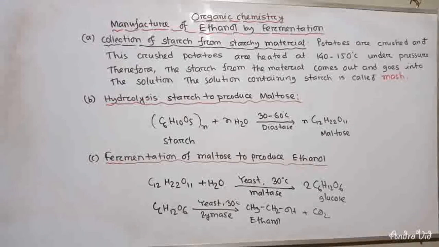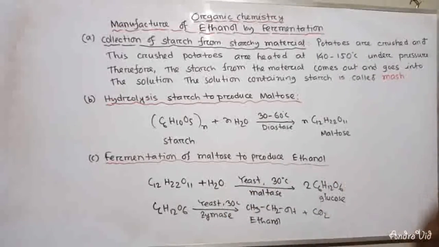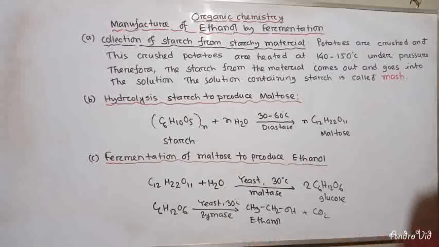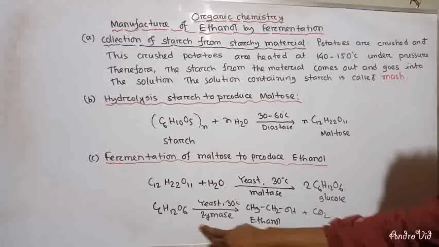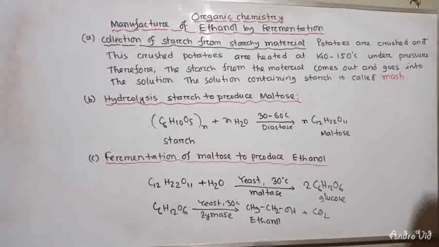When you add yeast, it supplies maltase at 30 degrees Celsius, and then the maltose will be converted to glucose. After the conversion of maltose into glucose, the yeast will also supply the zymase enzyme, right? By using this zymase enzyme, the glucose will be converted to ethanol.